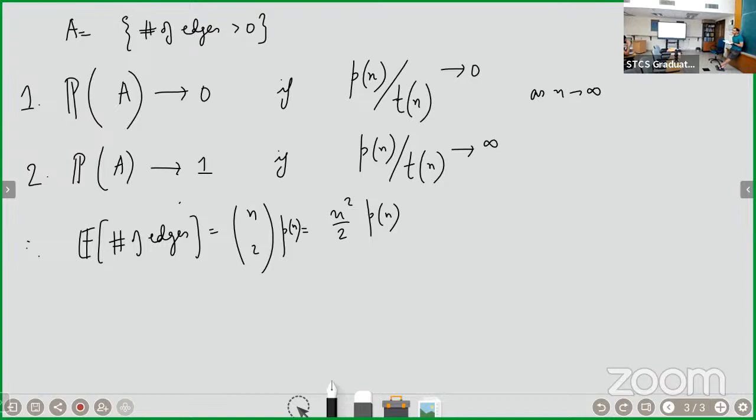There could be many ways of doing this. If the expectation of a positive random variable is going to go to 0, what is the probability that it takes a non-zero value? That's all we are asking. It doesn't depend on the graph or anything. Markov, there is a problem.